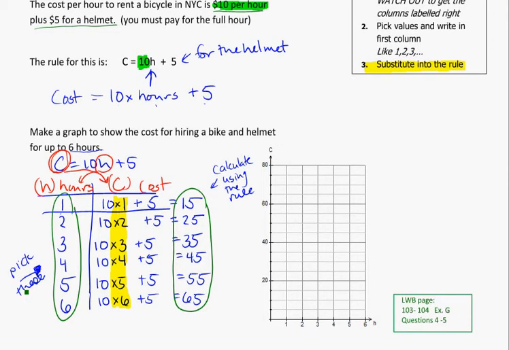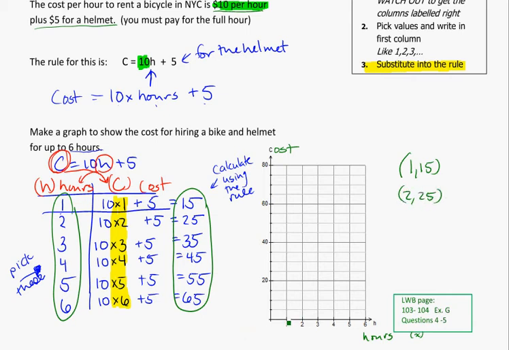And they've already labeled it here for you, but you'll notice that hours is along, if you want to think about it as the x-axis, the bottom axis, and cost is up along the y-axis. So just like we've done before, you could kind of imagine that this first column is the x column and the second column is the y column, and make coordinate points such as 1 and 15 or 2 and 25 and put them onto the graph.